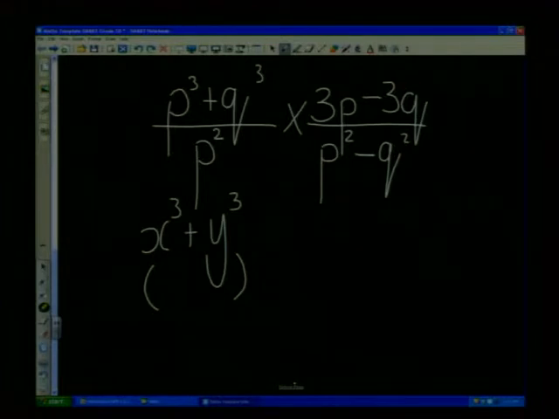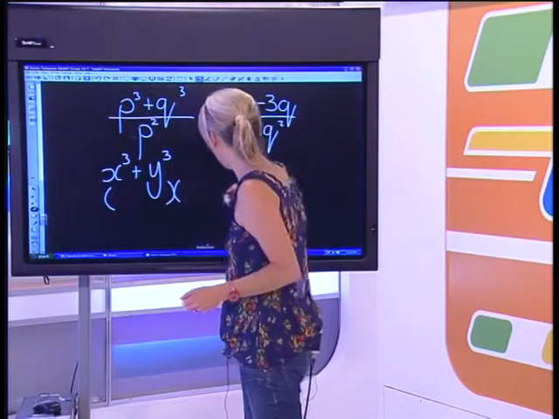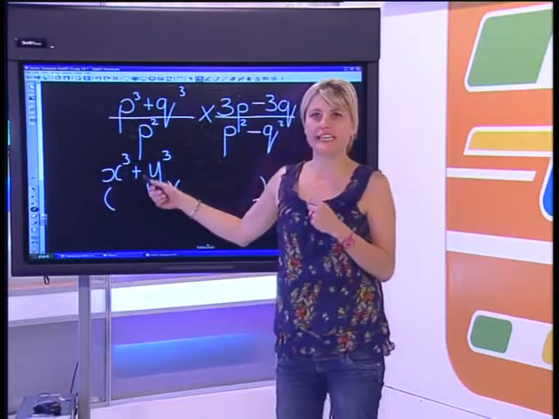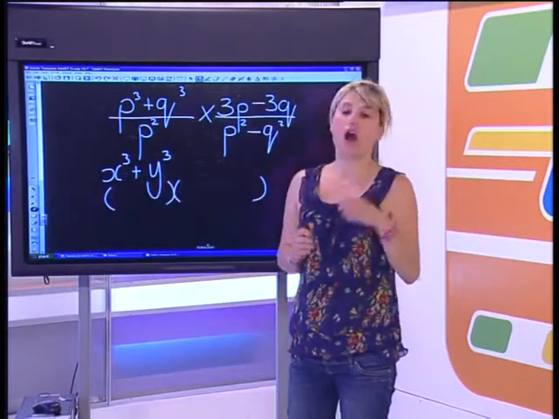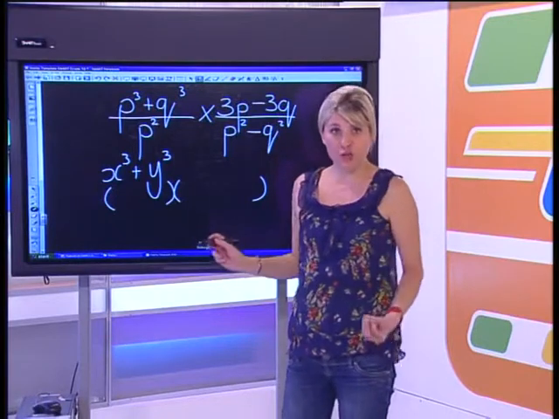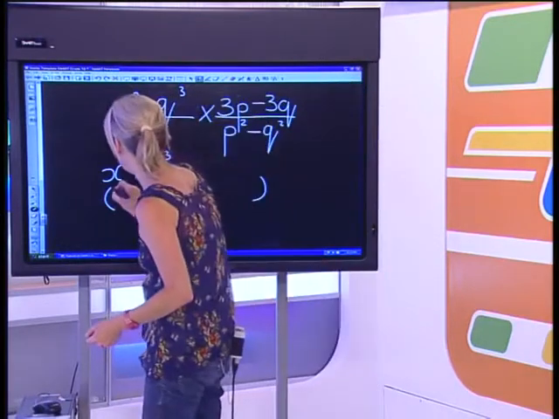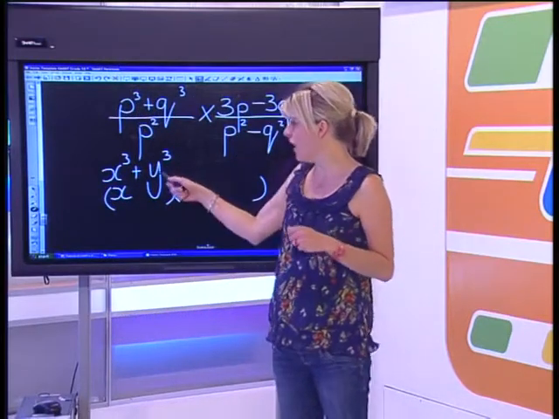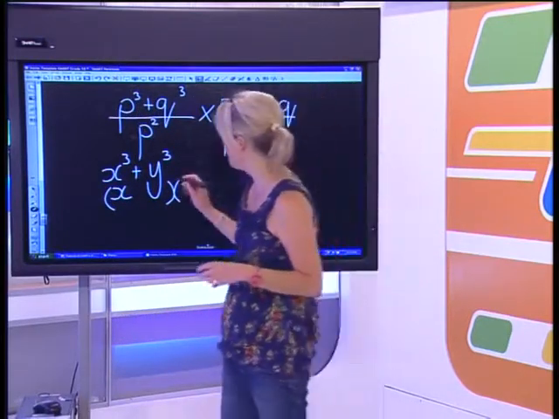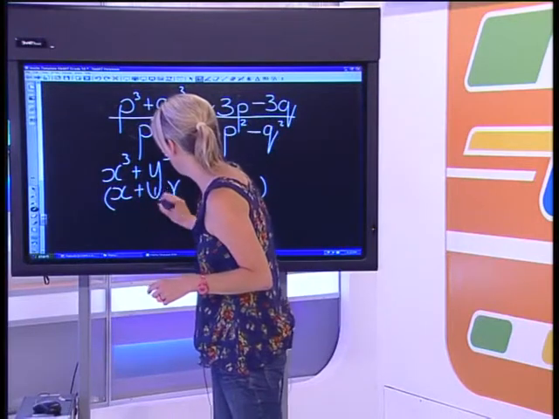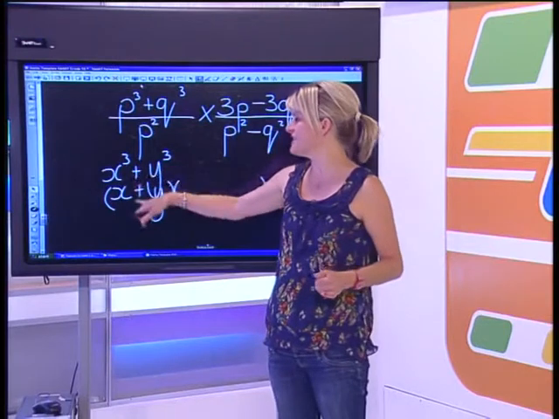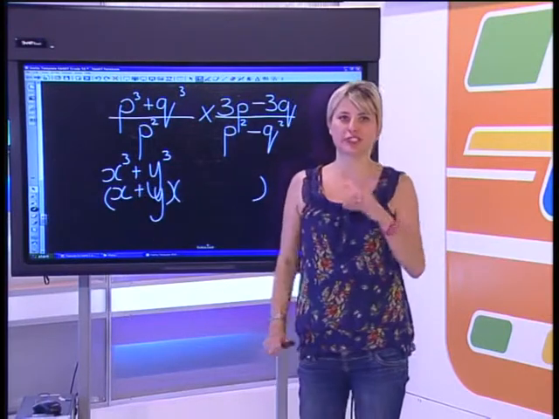I make one small bracket and one larger bracket, and I then ask myself, what is the cube root of x to the power 3? The cube root of x to the power 3, of course, is x. Then I ask myself, what is the cube root of y to the power 3? And that, of course, is y. And in between the two terms, I put a plus, exactly the same as my original expression.